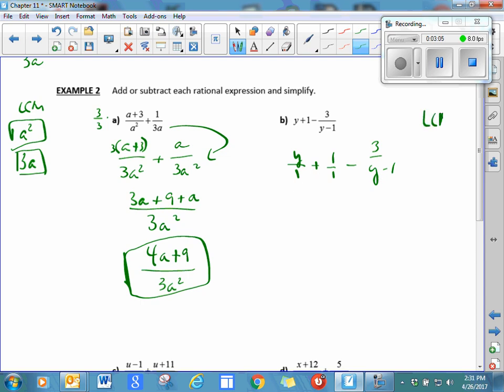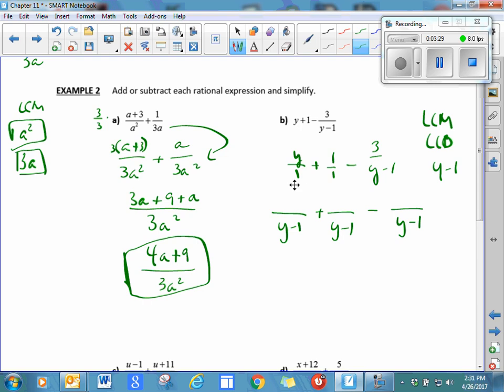So our LCM, which turns into LCD, is y minus 1. So all of these have to have a denominator of y minus 1. So I start out just writing my shell here. I'm noticing this negative sign, but that's all right. If there's more than one term, I'll distribute it.